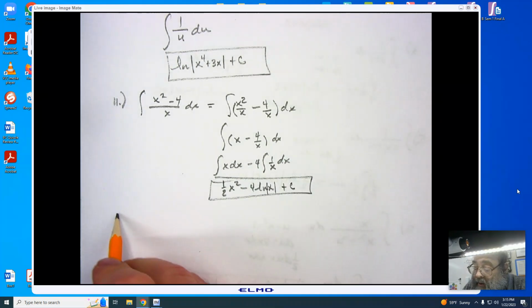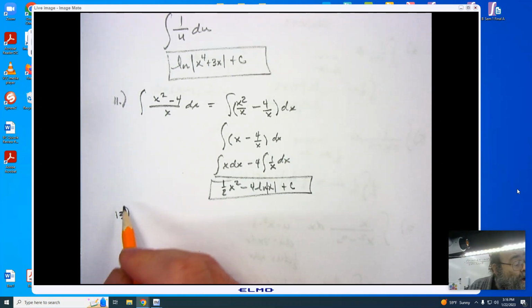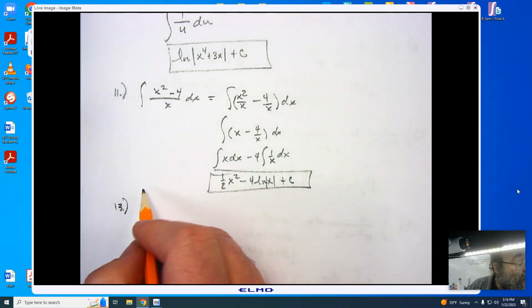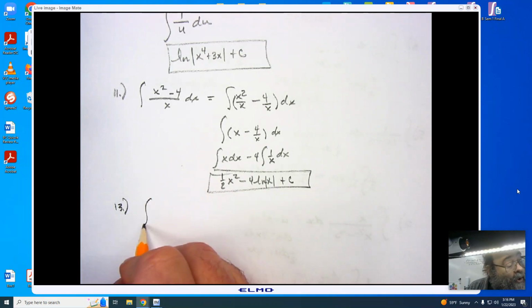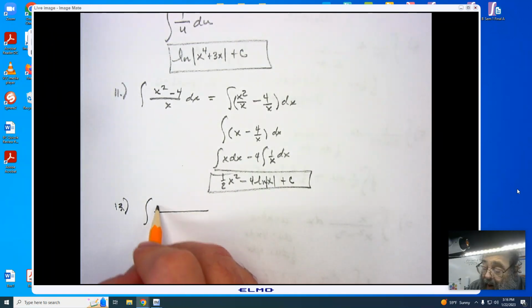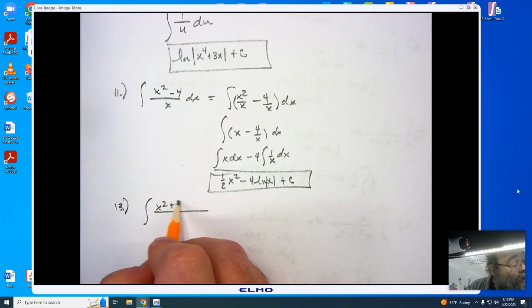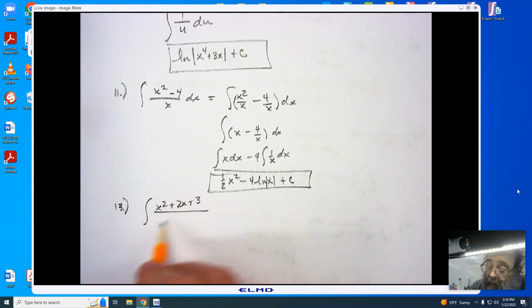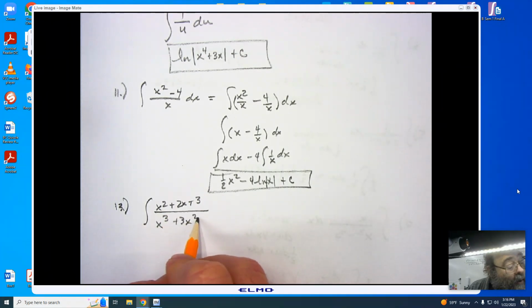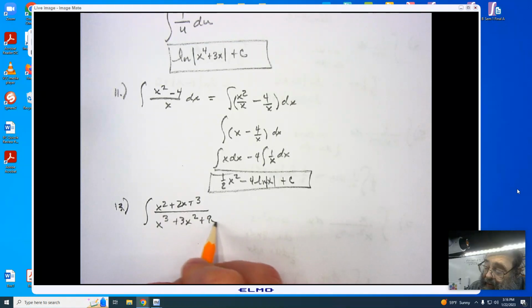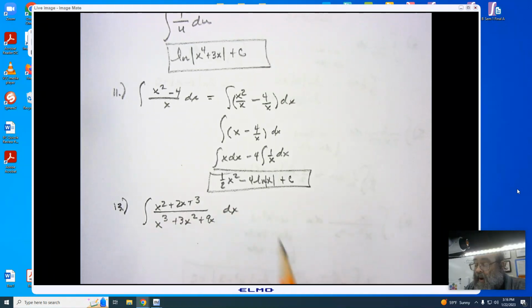Let's take a look at number 13 as we continue on. Number 13 is now giving me the integration: x squared plus 2x plus 3 over x cubed plus 3x squared plus 9x dx. Now when you see these, don't be afraid of them. Just go directly into it.